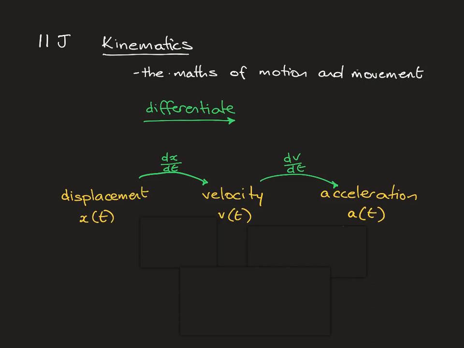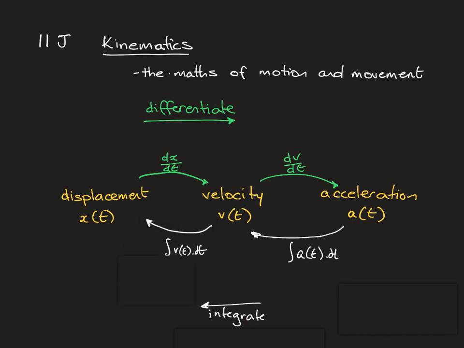We now know that the opposite of differentiation is integration, so going back the other way, from acceleration to velocity to displacement, we integrate. So to go from acceleration to velocity, you integrate the acceleration and you'll get velocity. And then if you integrate your velocity, you'll get your displacement.